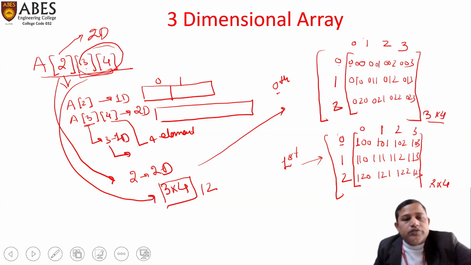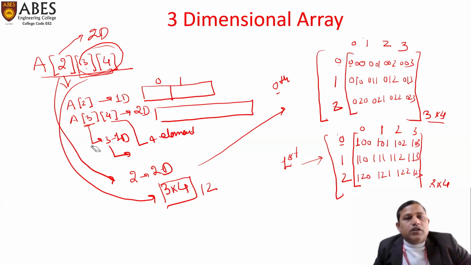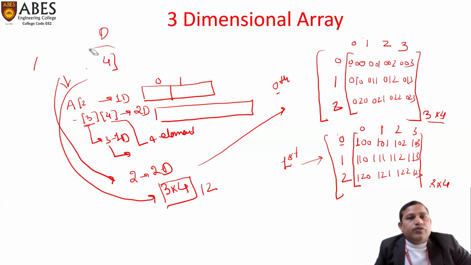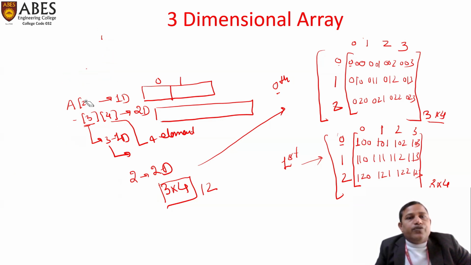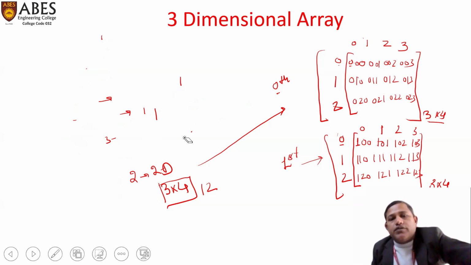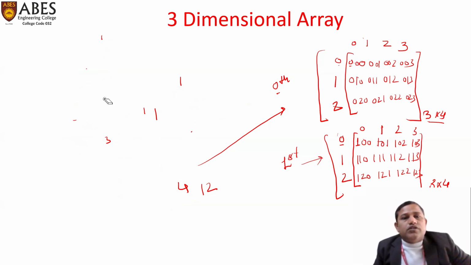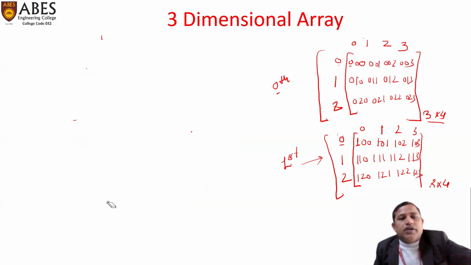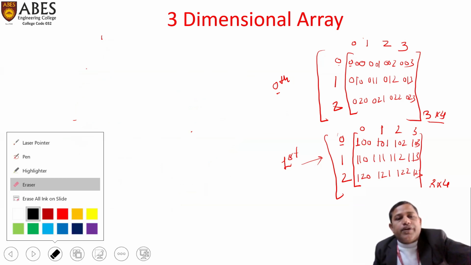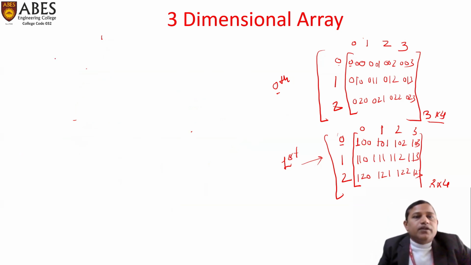Now, if we want to find the location of any particular element in this three-dimensional array, how do we find it? Let's start. Suppose we have represented the array as 2, 3 and 4.